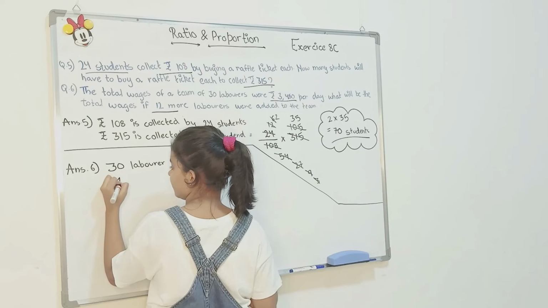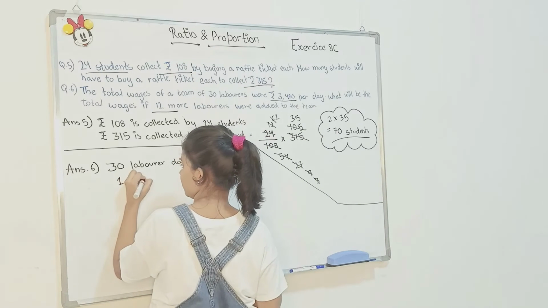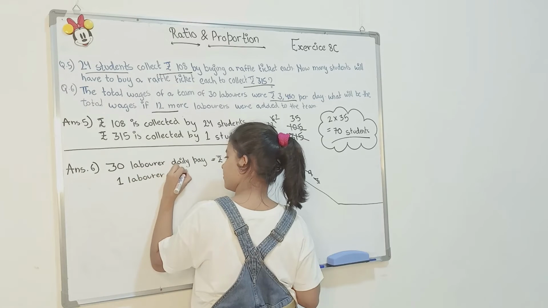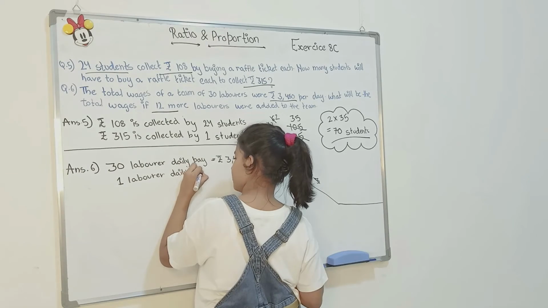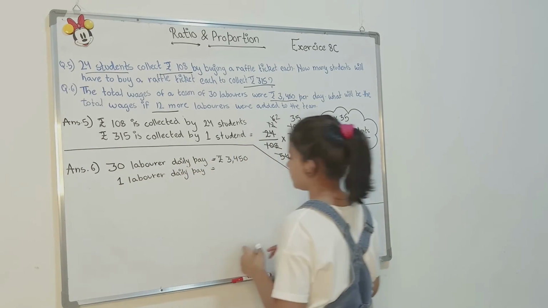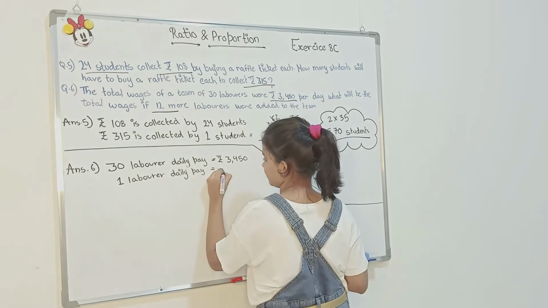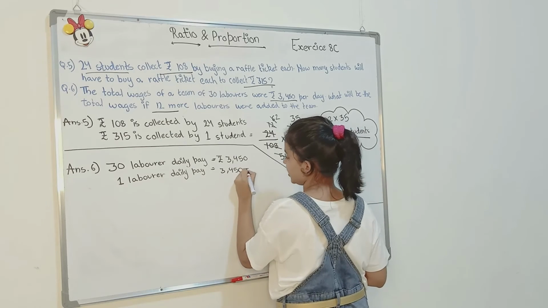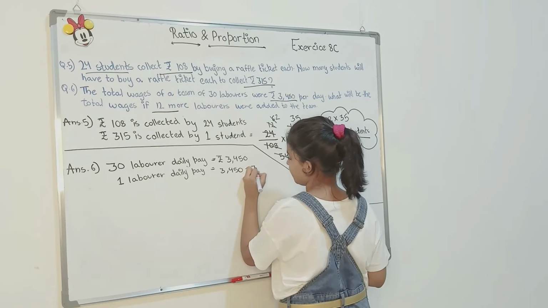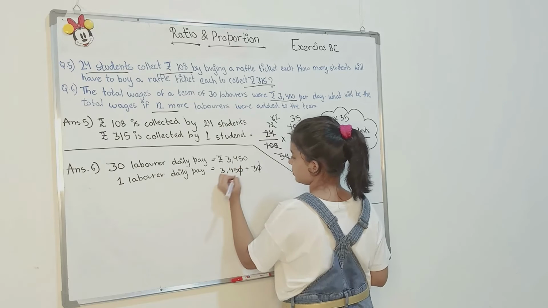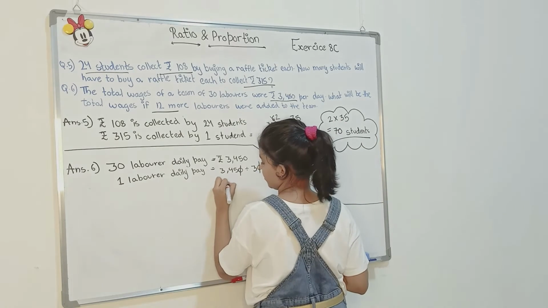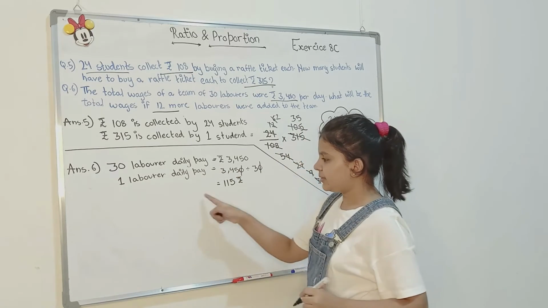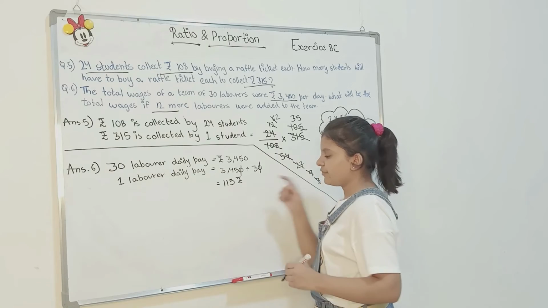So let one laborer daily pay. So what we do, we'll divide them. So 3,450 divided by 30. So we'll cut the 0 and then 0, and we divide that, we will get 115 rupees. So the daily pay for one laborer is 115 rupees.